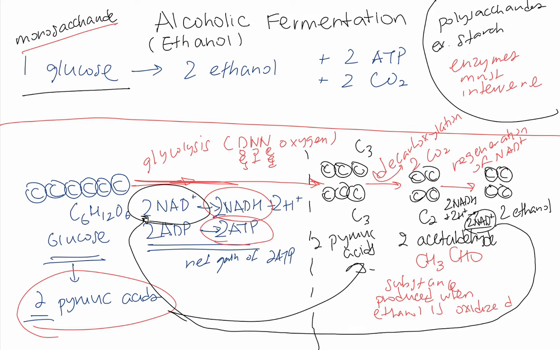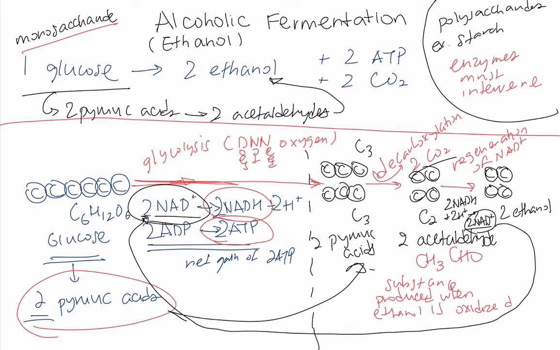And the way we get there is that the glucose turns into 2 pyruvic acids, which then turn into 2 acetaldehydes, which then turn into 2 ethanol, and in that process NAD+ and carbon dioxide play a role, as well as ATP, which is produced in the glycolysis stage.